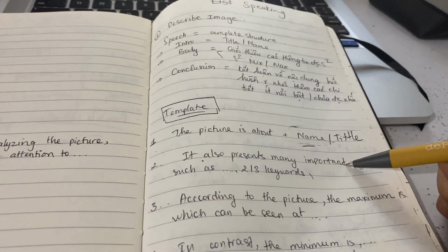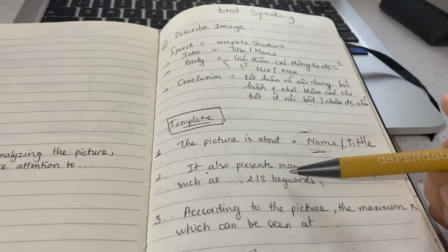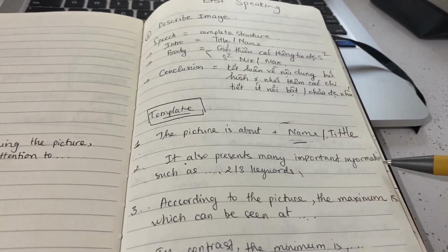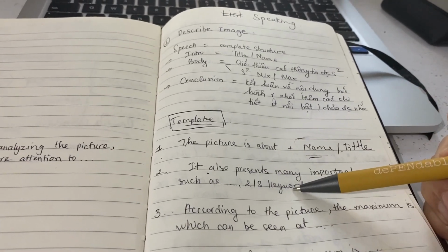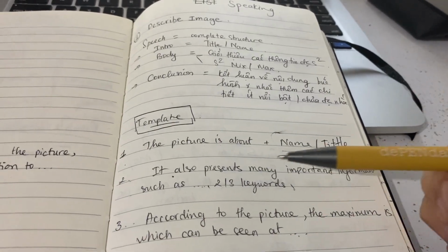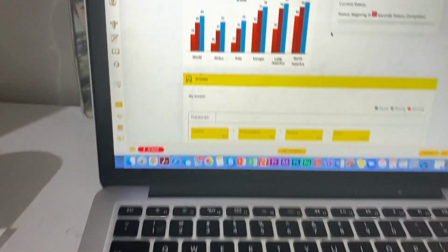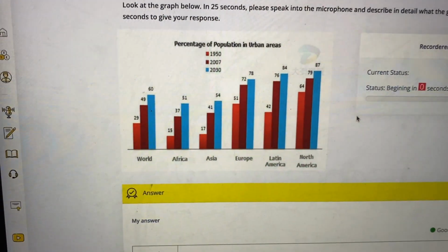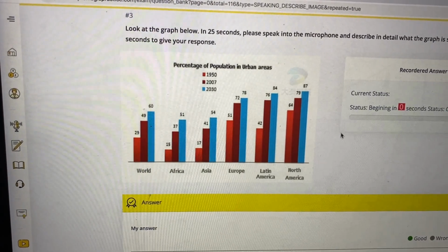Sentence number two is a supporting idea for the topic sentence: it also presents many important information such as, and then you list two or three keywords from the picture. As I say, any keywords would count, because the computer only recognizes keywords that are shown in the picture, so it doesn't need to make sense.